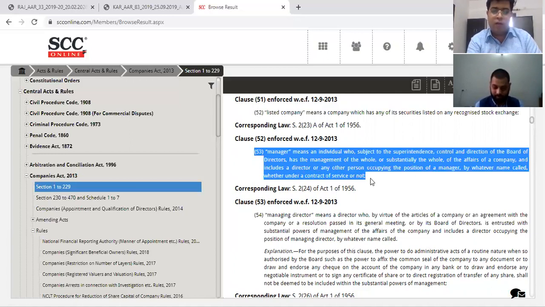So the answer to the first part, that can a director act in two capacities? First as a director, and second as an employee or anything. Yes, because since he is an individual, as a member of the board, he can act in the capacity of director.